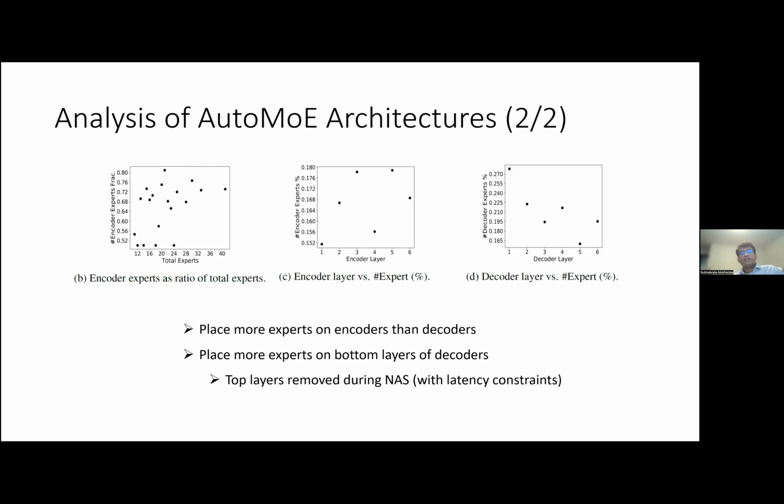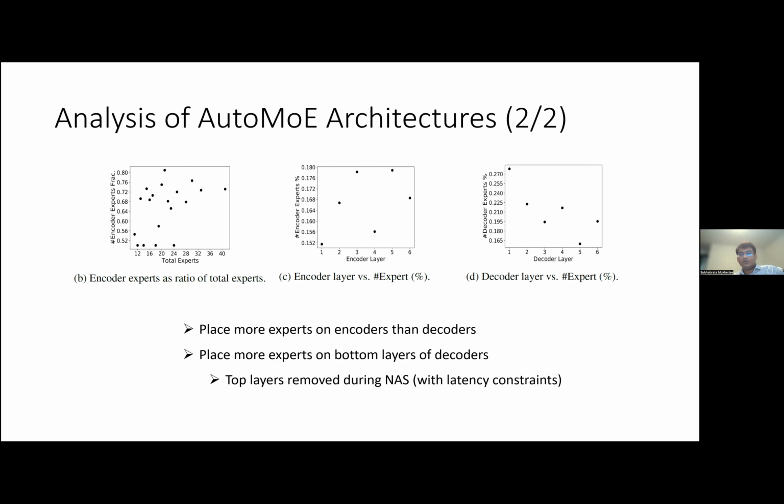Okay, the next question you might ask is, where should you place the experts, on the encoders versus the decoder? The first figure here shows the number of encoder experts as a ratio of the total experts. Again, I said that we want to make the decoders light. Accordingly, the framework also puts most of the experts on the encoders and limited experts on the decoders. The last two figures show which layers you should place the experts in. For the encoders, we do not see much pattern.